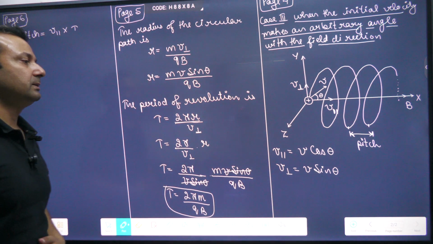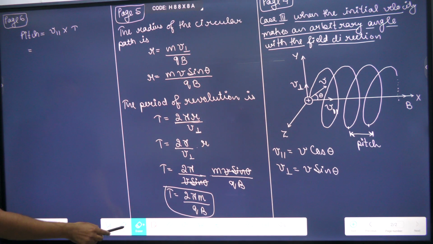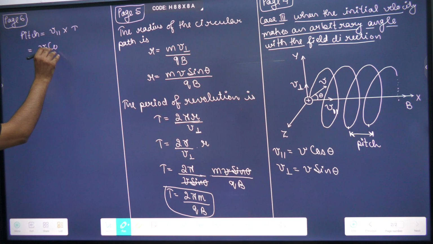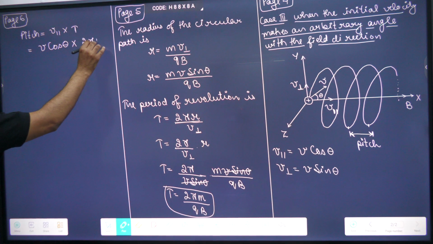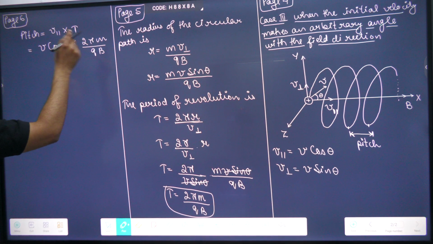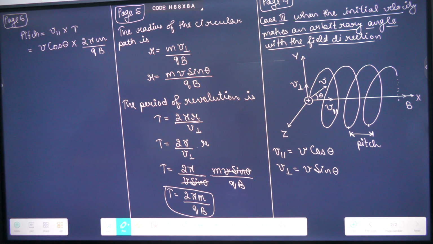V parallel is V cos theta, and T is 2 pi m upon qB. So pitch is 2 pi m V cos theta upon qB.